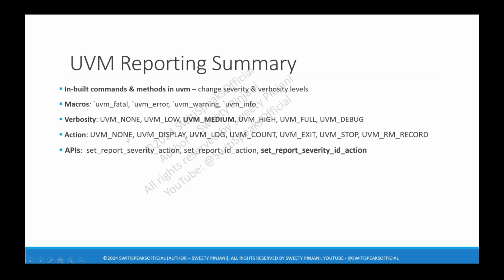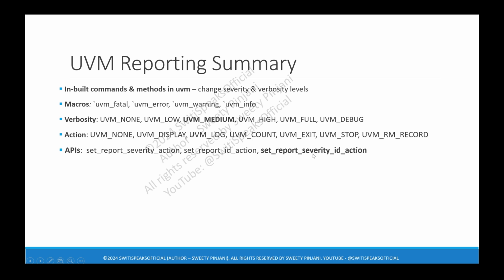Then we saw the APIs which help you to change the severity and verbosity level. Depending on the name, it will take the argument. Set report is common for all. If you are passing severity and action as the argument, just add severity action to set report. Set report severity action. Then you have set report ID action, which takes ID and action as arguments.